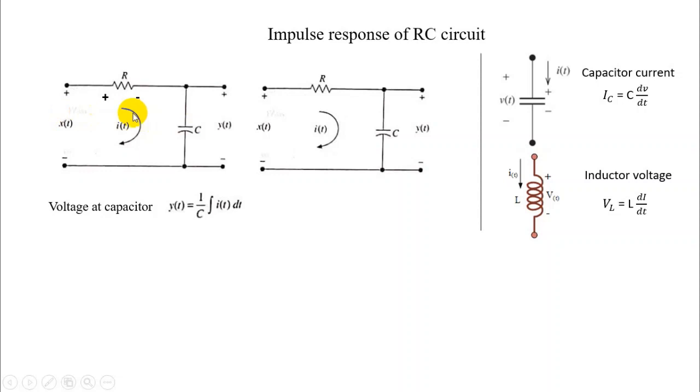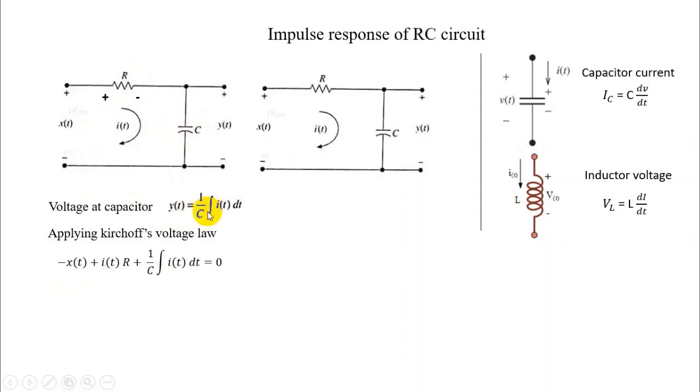The y(t) is the output of this system. If we consider the current direction for this resistor, the voltage polarity at that terminal would be positive, and here negative. So if we apply Kirchhoff's voltage law in this loop, we will get minus x(t) plus iR plus y(t).